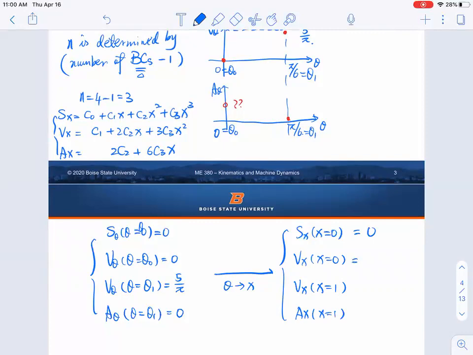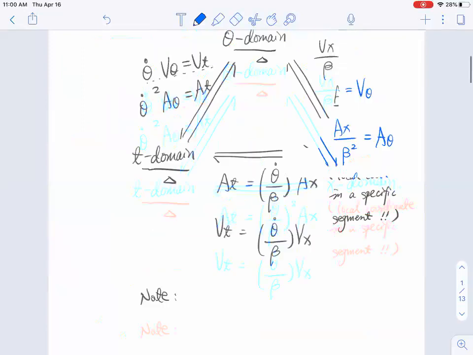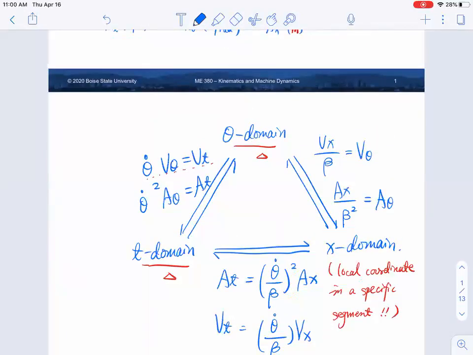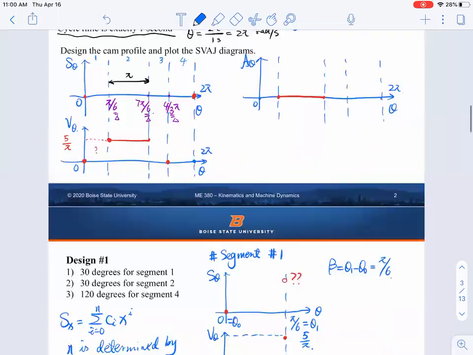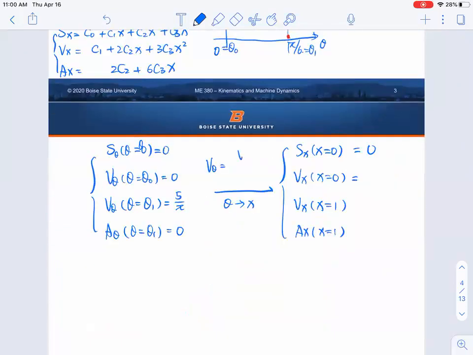In order to find the velocity relationship between the theta and x domains, you have to go back to this triangle between theta and x. So V theta is Vx over beta, and A theta is Ax over beta squared. All right, so then you can use these two linear equations to convert your boundary conditions.